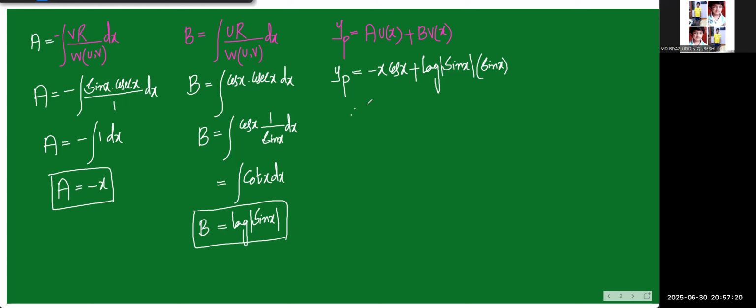Therefore, the general solution, what do you say? The general solution is what? Complementary function plus particular integral. Now, what complementary function did we get? Look at it previously.